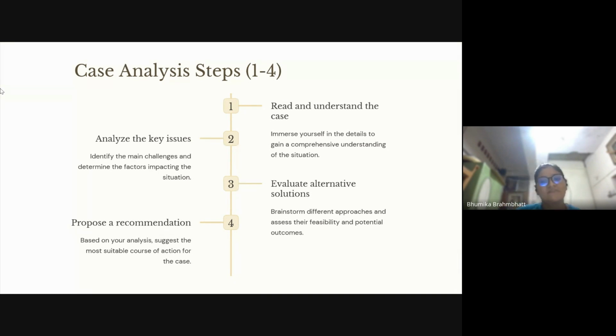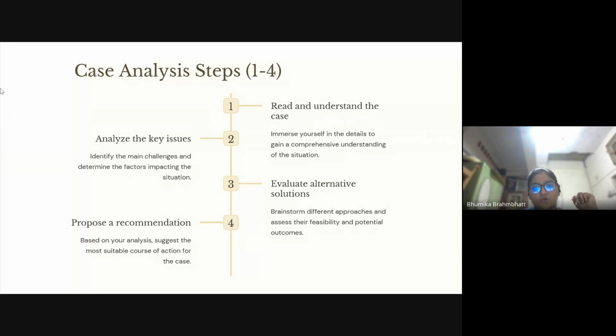So the third step I have written is alternative solution, which I have already mentioned in the importance: you should brainstorm with a different approach by reading the quiz. You can read different websites. All websites give an overview of these cases in easy language, because the reader who comes to read your article and case analysis will understand the main points, and they will be happy that the writer gave nice information.